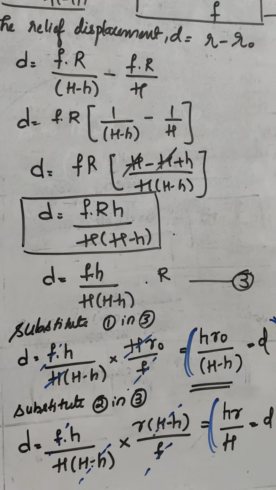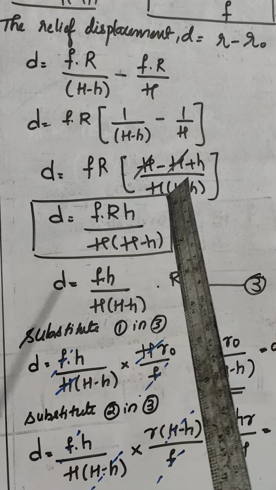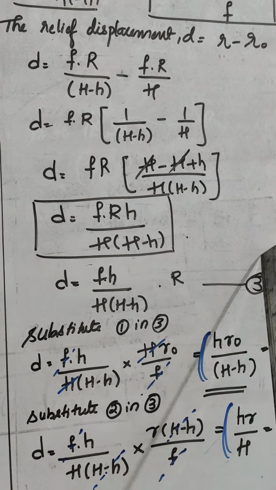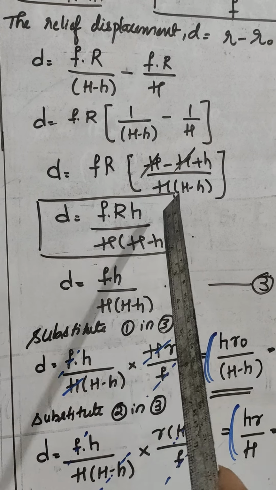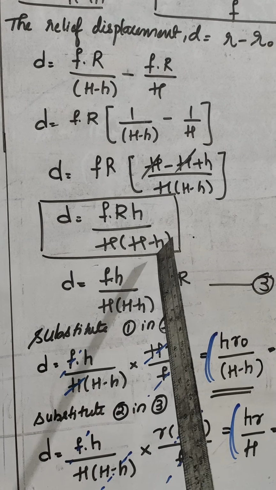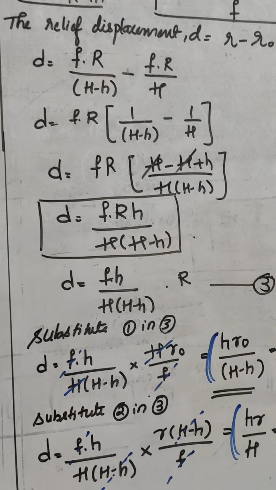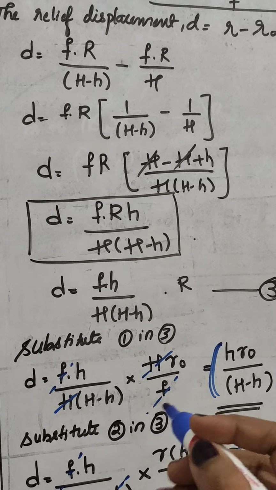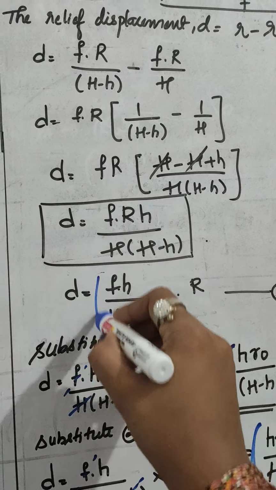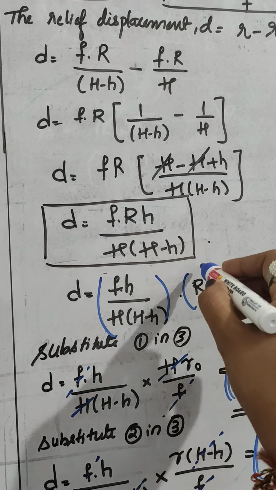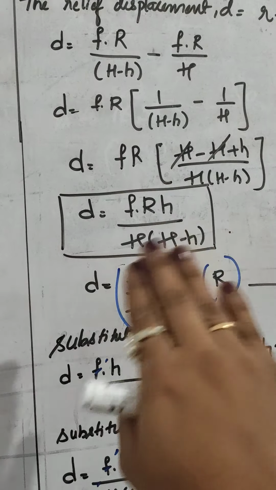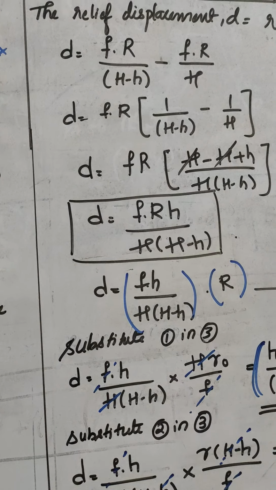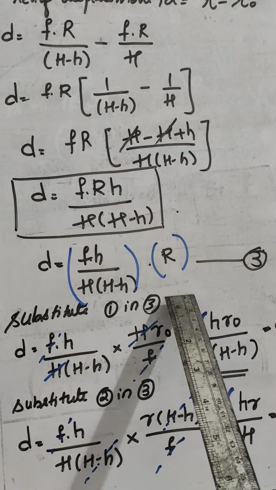Now I will take r outside in the same equation. I am writing f h by H minus h as one term, and this r as a separate term. Why have I taken it out?